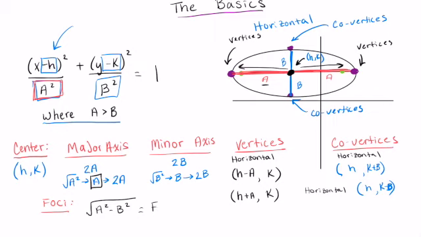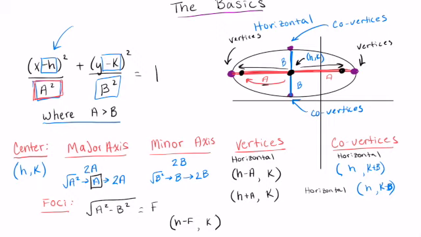Very simple. Now my foci are always going to be on my major axes. Since I'm dealing with a horizontal ellipse, I'm going to find my foci by moving left and right from my center. I can follow the same pattern as for my vertices, which is H minus F, and K will stay the same, because that gives me the distance from here to here.